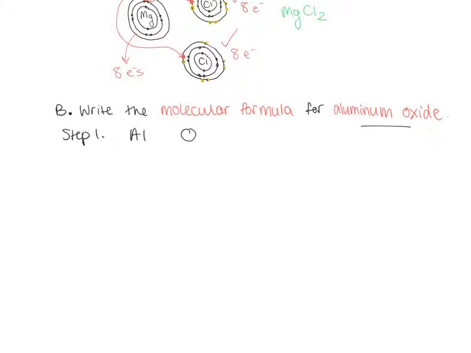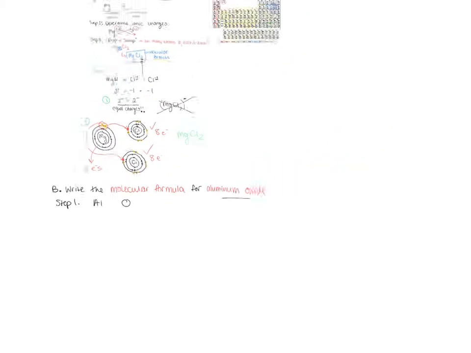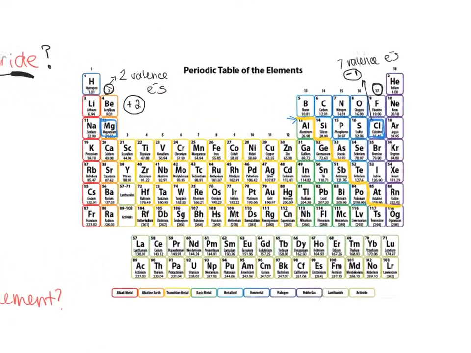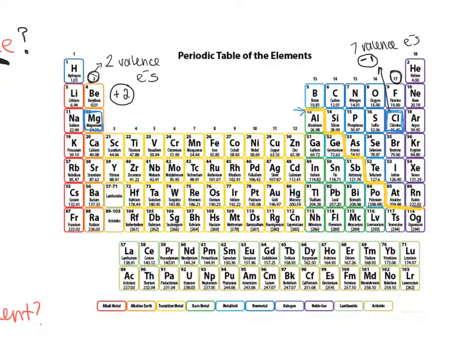And now we can also at this point determine which is going to be the cation and which is going to be the anion. So let's go back to our periodic table, and aluminum is way over here. It's in group 13, so it has 3 valence electrons.